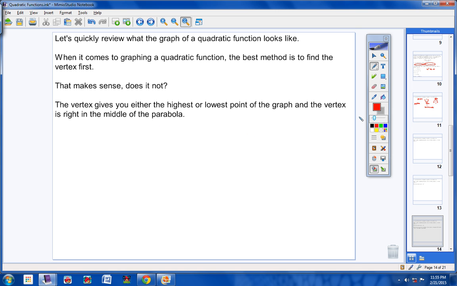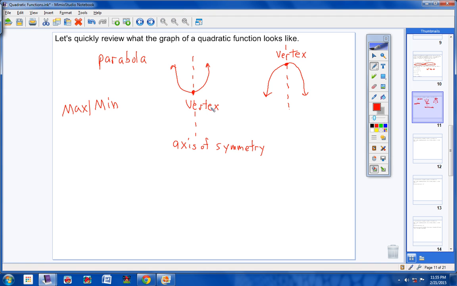Now, something I forgot to mention back here, so go back to your notes, where we were reviewing what the graph of a quadratic function looks like, and you should remember this, guys, okay? Please write this somewhere in your notes. In y equals ax squared, a is the number in front of your x squared term, okay?